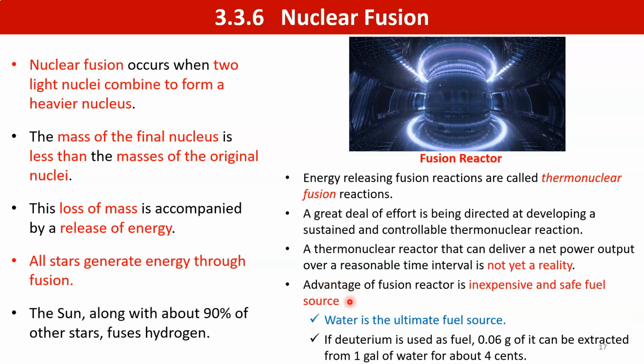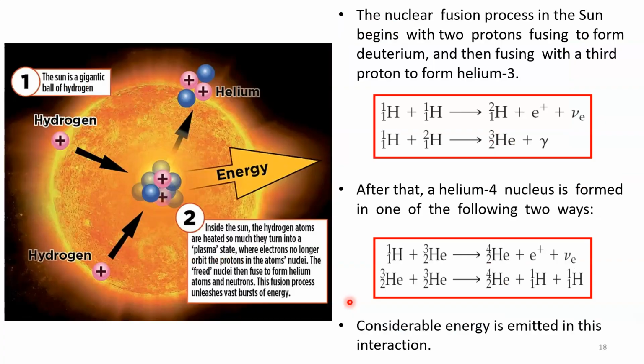This hydrogen can be combined using nuclear fusion, and then a great amount of energy will be produced. This is the energy produced from fusing hydrogen nuclei. It has happened in the sun.